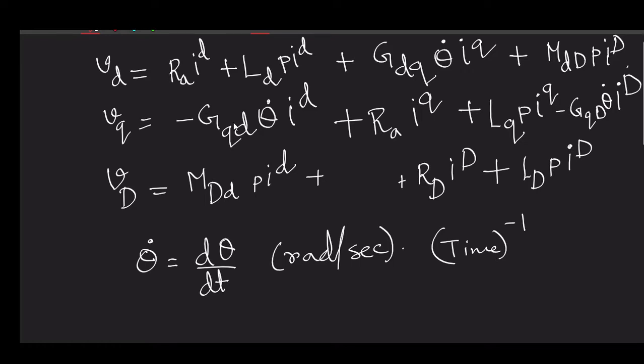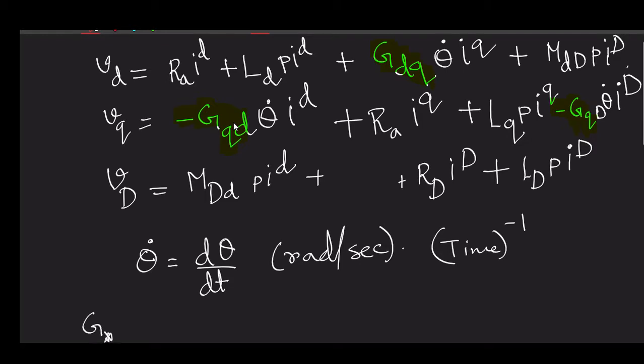Now this G dq, then this, and here, these three constants depend on the permeance of the machine.